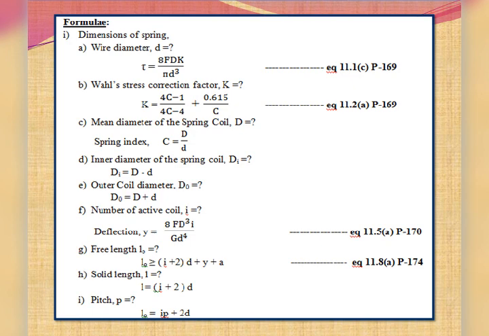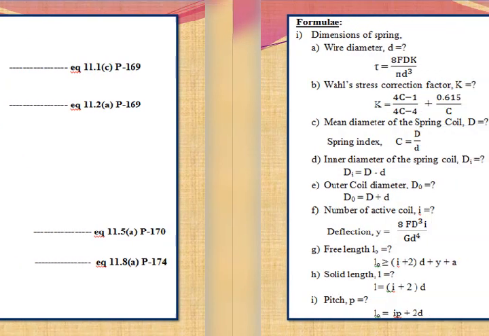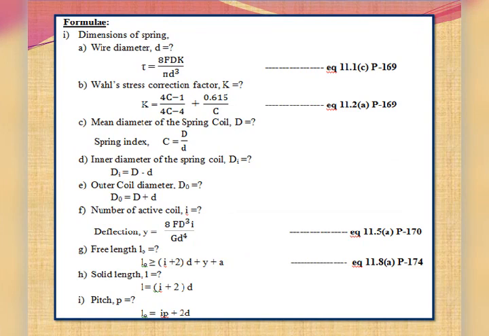That can be evaluated by using equation 11.2a, page number 169. And the equation is K is equal to (4C minus 1) divided by (4C minus 4) plus 0.615 divided by C, where C is nothing but the spring index. Spring index he has given as 8, that we need to consider. Soon after this, we have to find the F, by using a condition, that is kinetic energy of a moving object, that is car, is equal to stored energy of the spring.